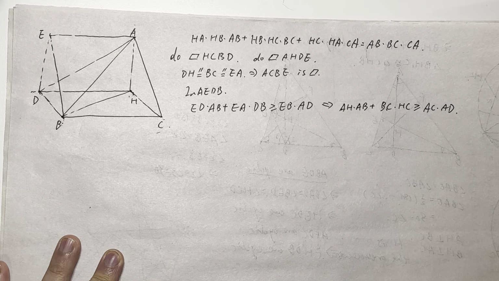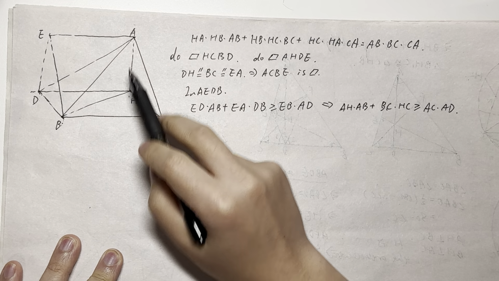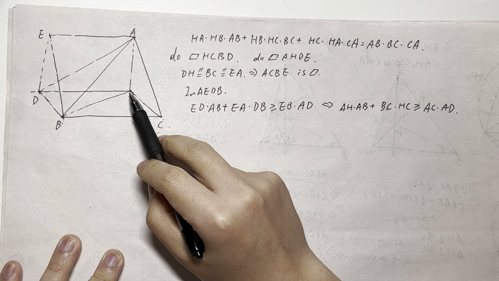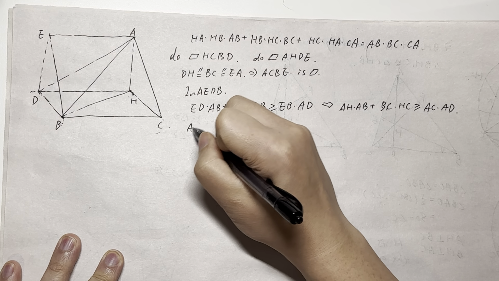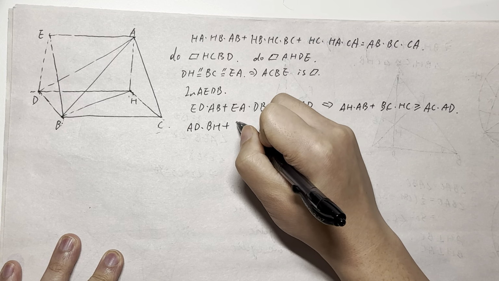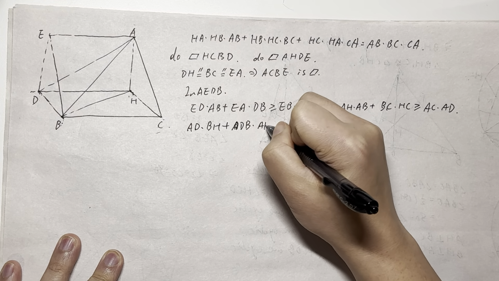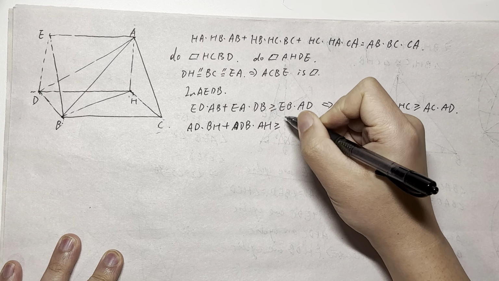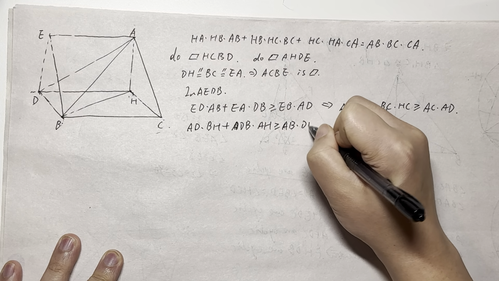And in ADBH, we can still use the Ptolemy theorem. So we have AD times BH plus DB times AH should be larger or equal to AB times DH.